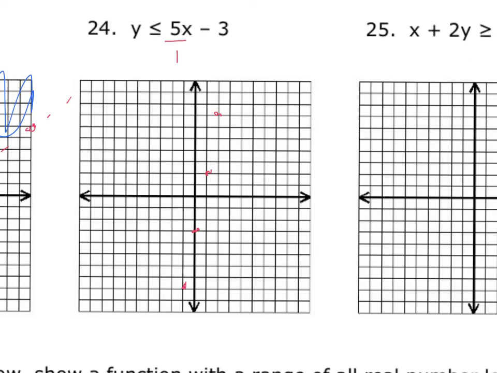And it is equal to, so we will use a solid line for the line. And the values of y are less than that line, so we are going to shade everything under the line or below the line. If I'm standing on the line, below would be everything down. So we will shade that area in.